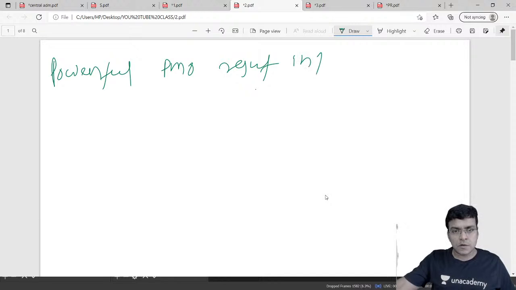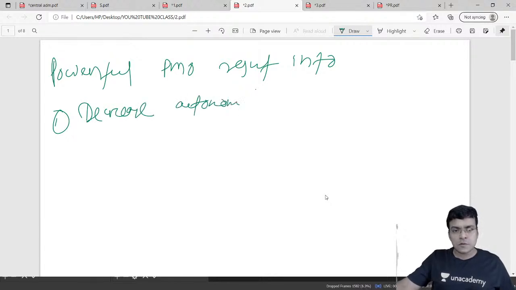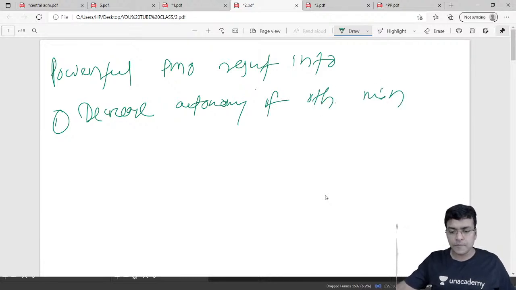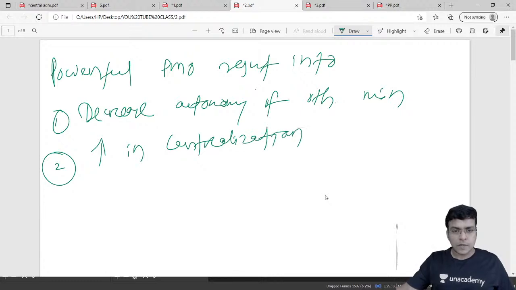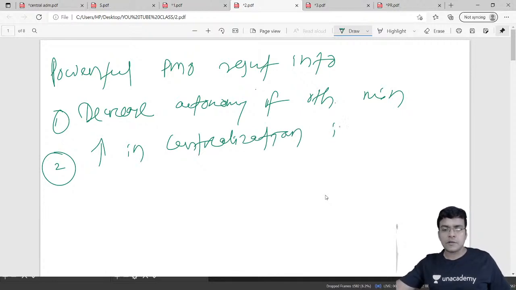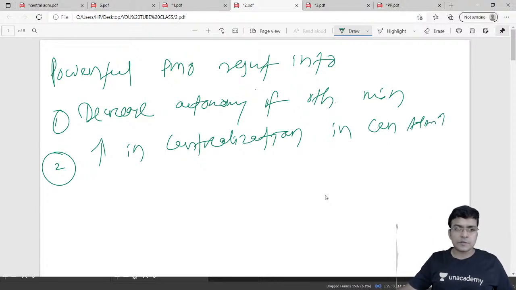The first thing: decrease in autonomy of other ministries, increase in centralization in central administration.